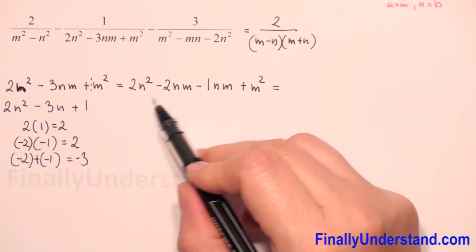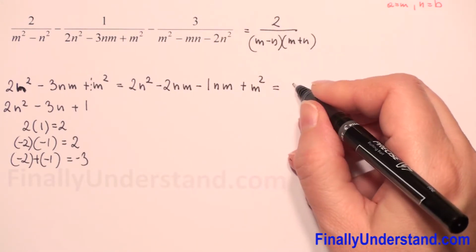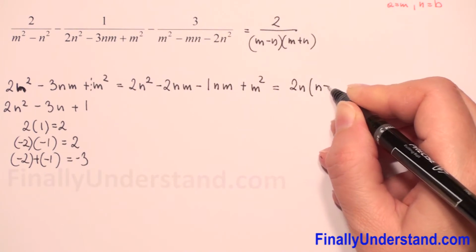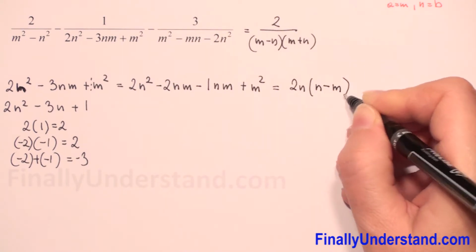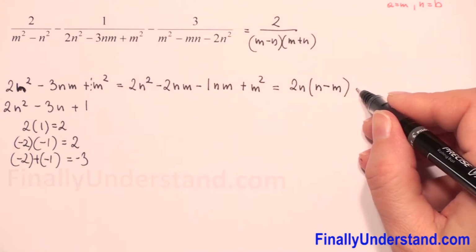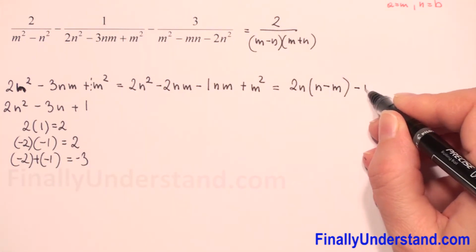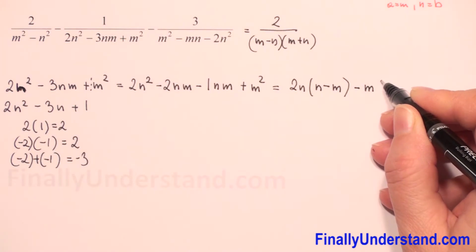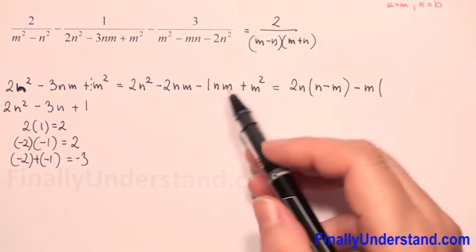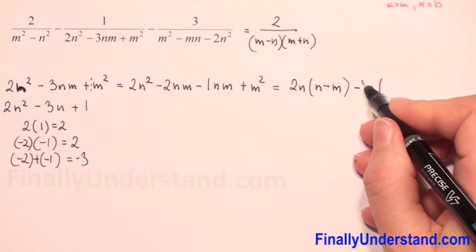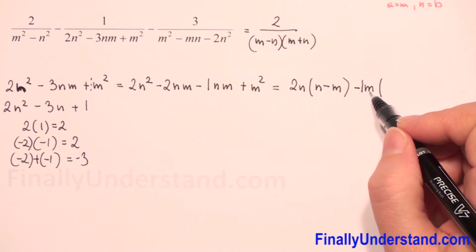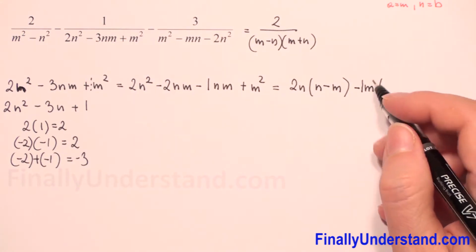Now, from the first two expressions, we can factorize 2n, so it will be n minus m. And from the last two, we can factorize negative m. So in parentheses will be, because I have 1 here, I can put this 1 here, it doesn't change anything, because negative 1m is negative m.